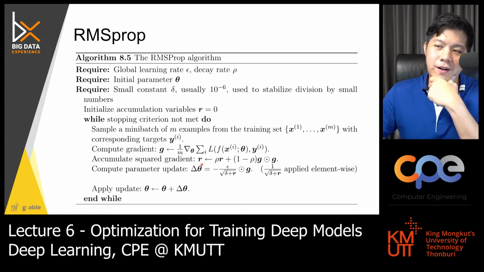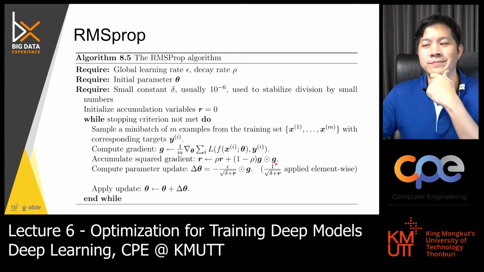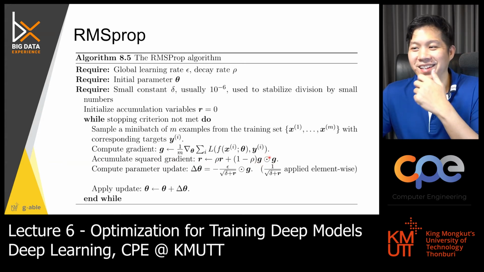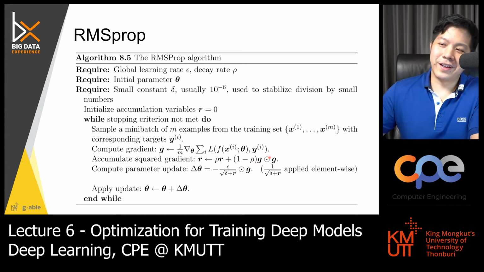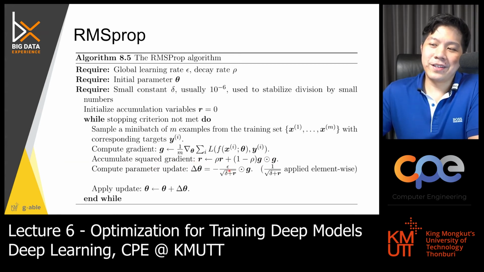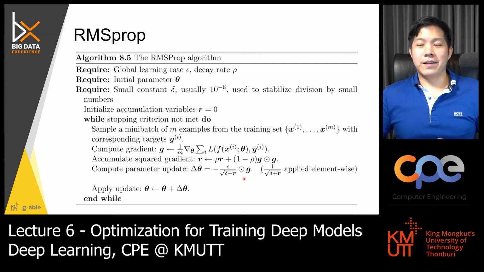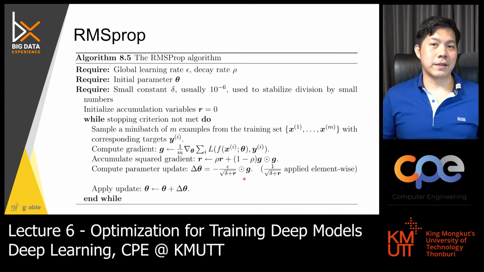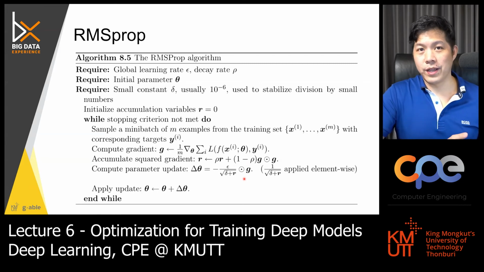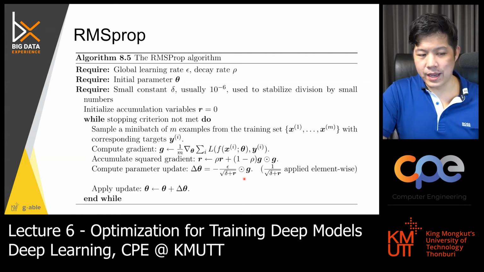You have r, rho r, 1 minus rho, and gradient square. It looks just like what we saw earlier. Well, they are similar concepts here. So you have r here, then you can divide the learning rate by it, right? And then multiply with g. Basically, they are the same concept, right? RMSProp just uses the expected value instead of the accumulation. Right, just the same as AdaDelta.